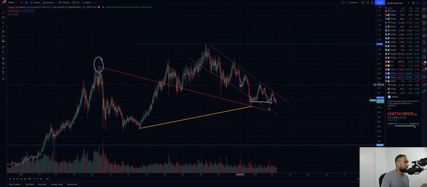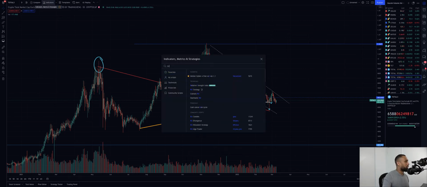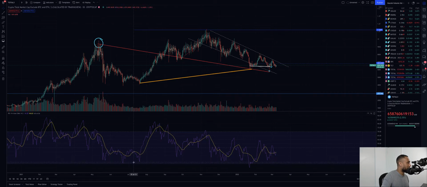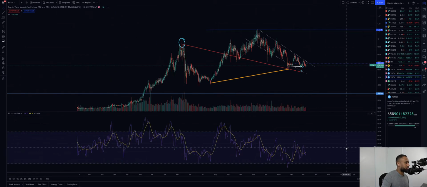But we're still trending inside this bull flag, which normally breaks up to the upside, a very bullish pattern. And we still have this bullish divergence as well. And like I said, divergences take more than one day to play out.